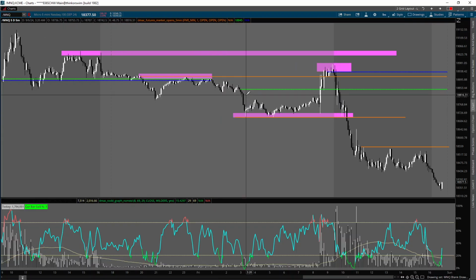Okay, so think of it as price action needing to restoke itself with fuel. And what it does is it collects fuel in those demand areas and in those supply areas. And it travels from level to level, which is why you're seeing these areas, right?